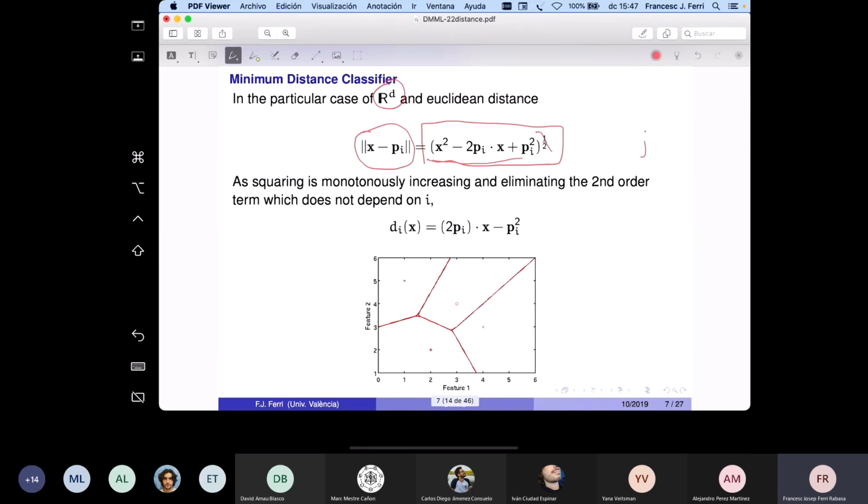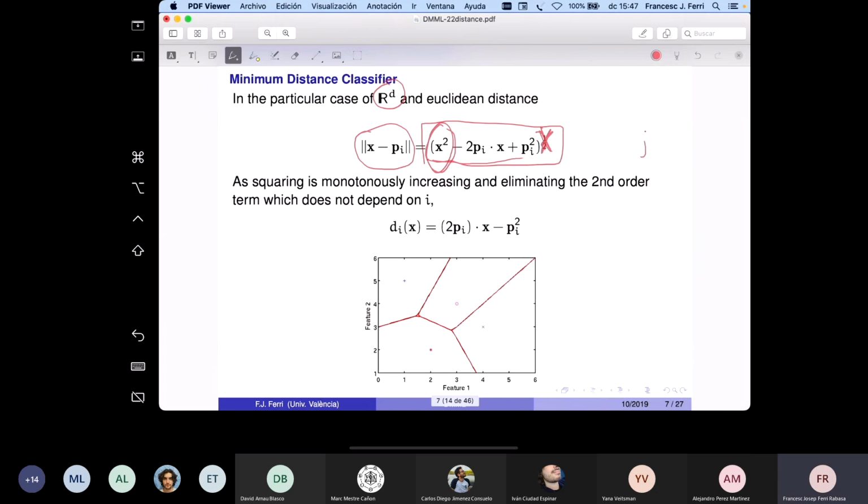First of all, we can get rid of this square root. Why? Because this function is monotonous. To compare which one is greater, we can suppress this in all my comparisons. Second, we have here a term which does not depend on i.